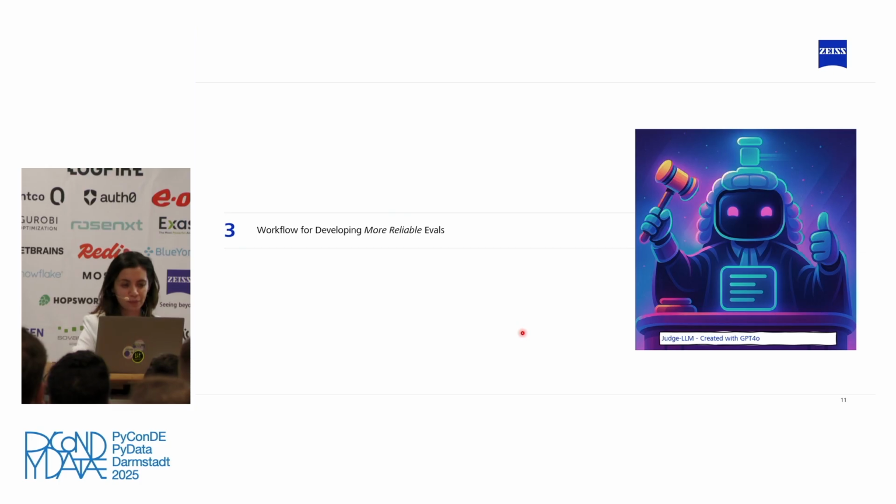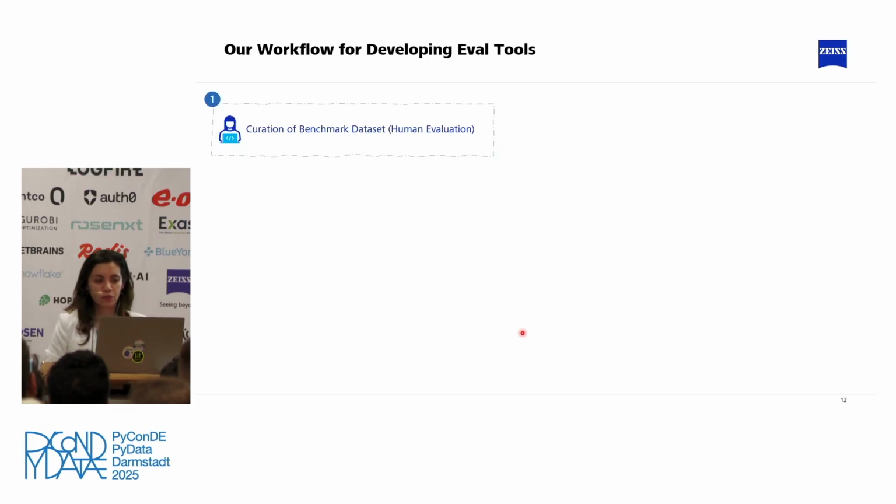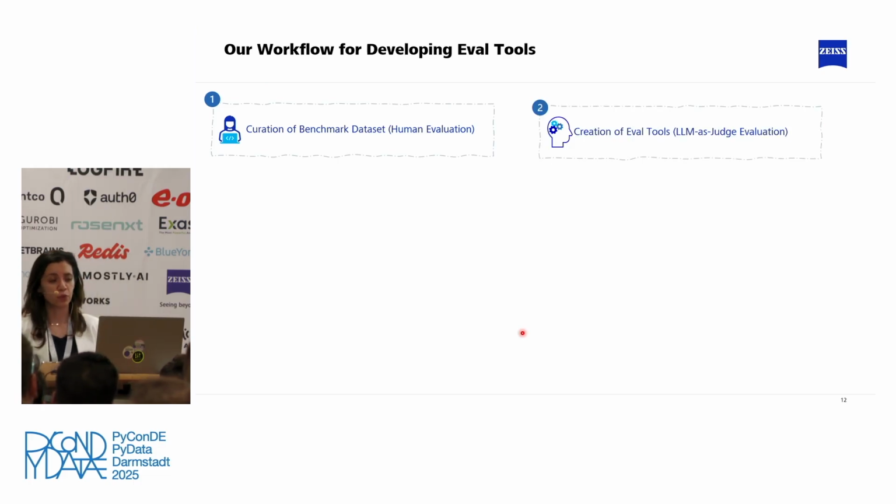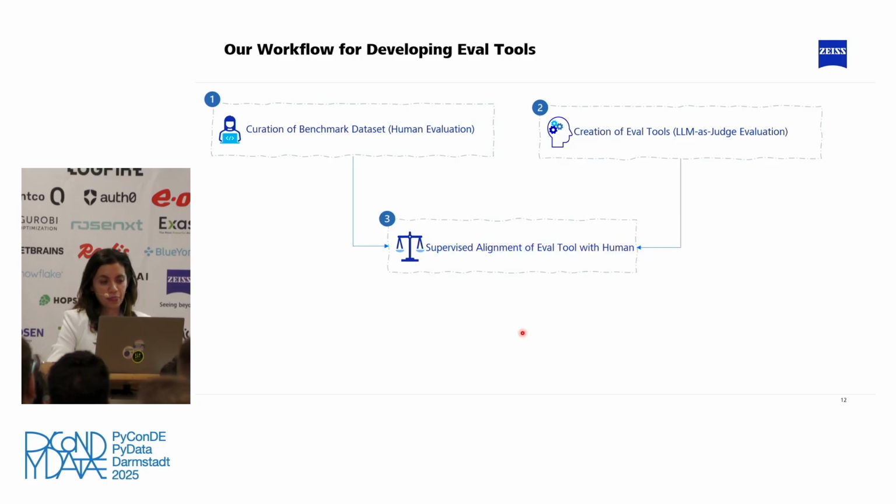Let's go forward. This workflow starts from the curation of the benchmark dataset, and here is where we are performing human evaluation. The second step is to continue with creating our eval tools, mostly with LLM as judge as our evaluator. And the third step is something that is normally overlooked, but is actually quite a necessity if we want to perform reliable evaluation, or as reliable as it can get.